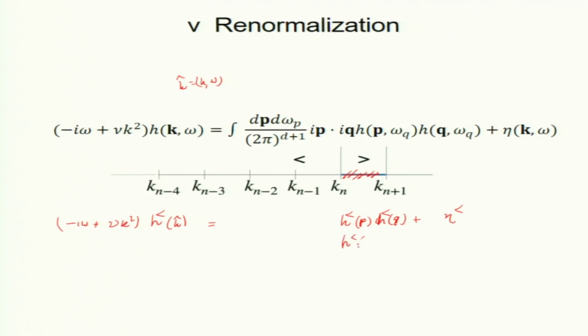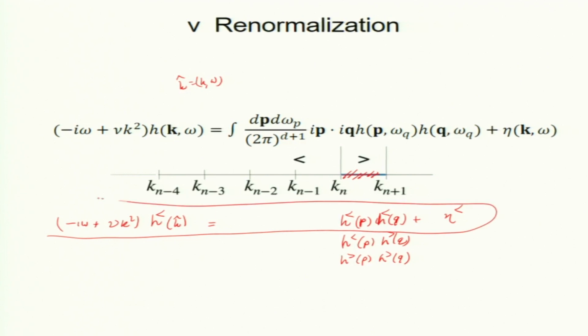So we will have the term h less p h greater q and its interchange, and the next term is h greater p h greater q. This equation is the same as before, this becomes 0, this is the non-zero term, and that is going to correct nu, okay, and that is what I am going to compute.